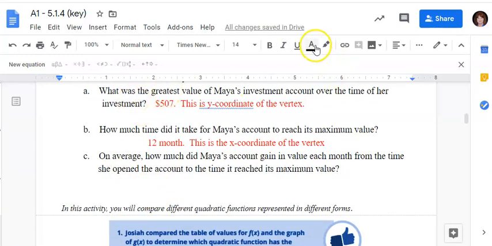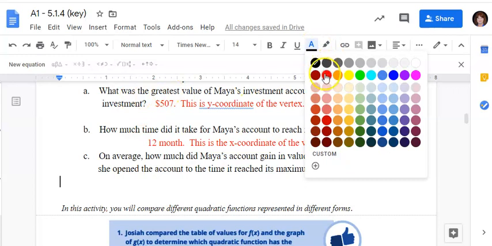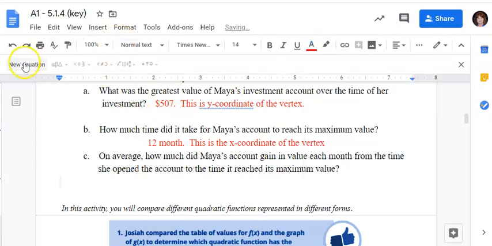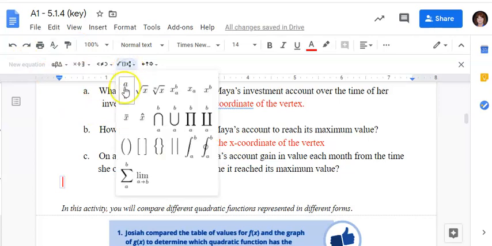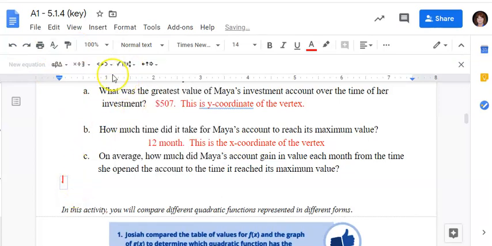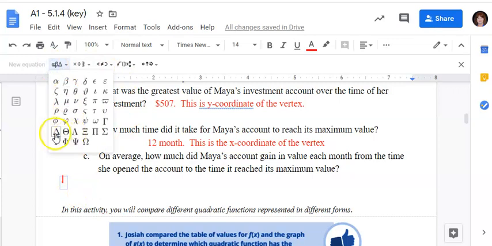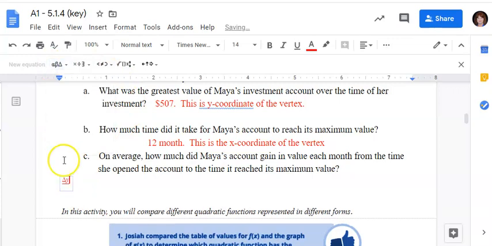I'm going to change it to red, and then I'm going to type a new equation, and we're going to do change in y over change in x. So there's actually a little triangle in here, delta y, and on the bottom we're going to put change in x.